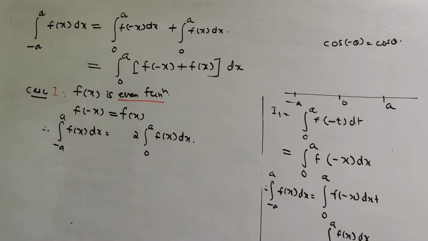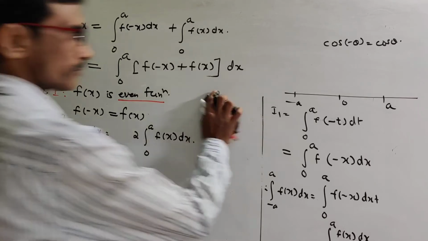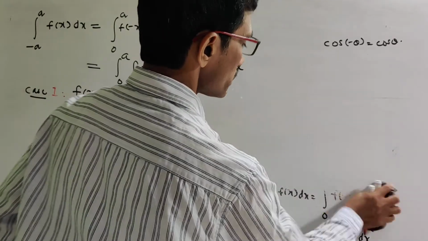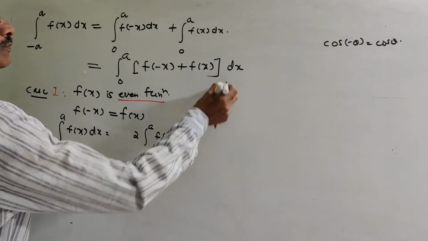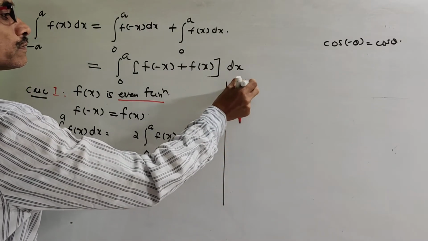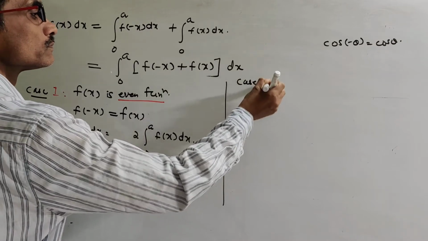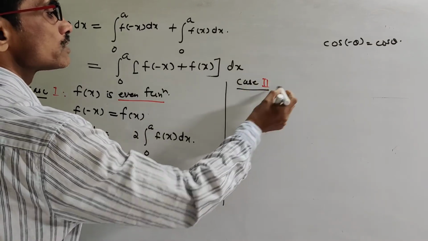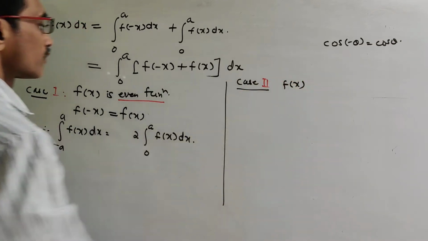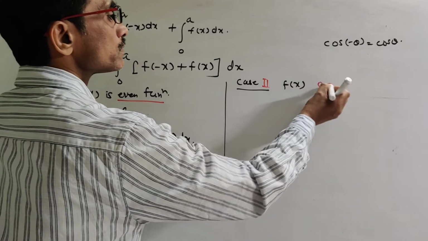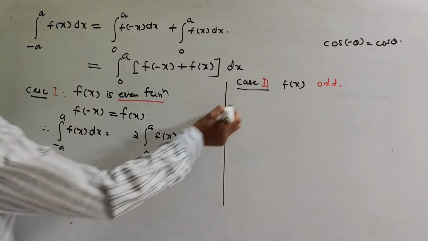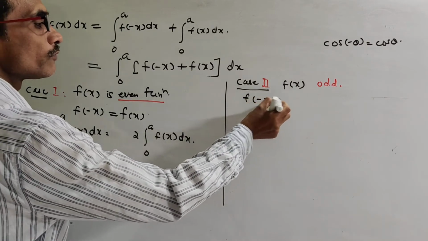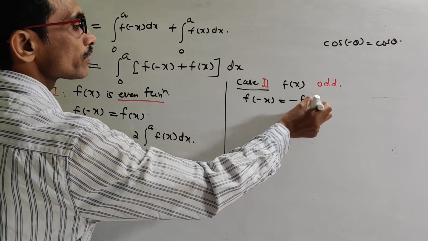Similarly, we will see case 2, that is odd function. For example, sin x is an odd function. So case 2, f x is an odd function. Now if f x is an odd function, f of minus x will be minus f x.